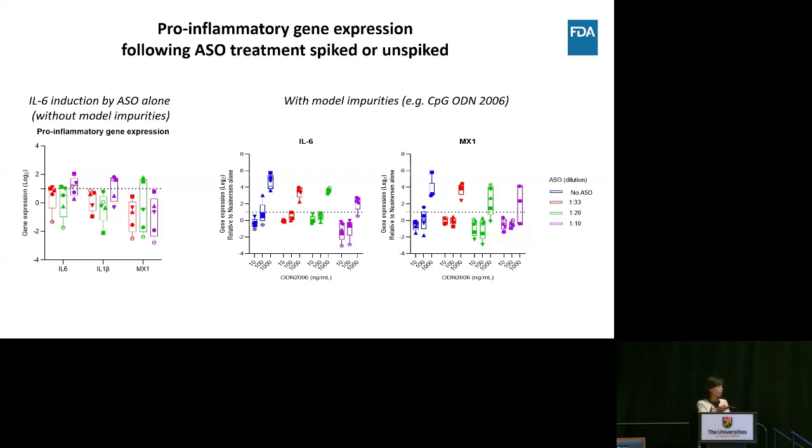You can see there is a slight decrease of assay sensitivity here, but the presence of CpG, even with ASO, could be detected. It's more than twofold induction compared to the ASO alone. So we can say the presence of the impurity can be detected, but the assay sensitivity might be affected by ASO.